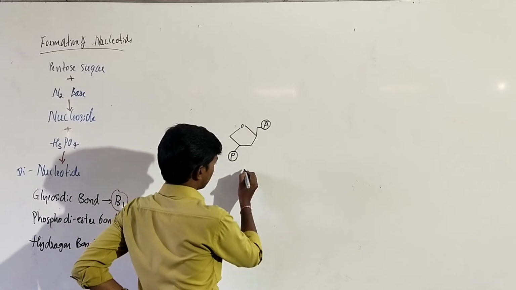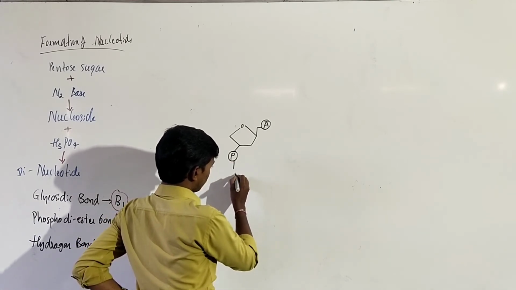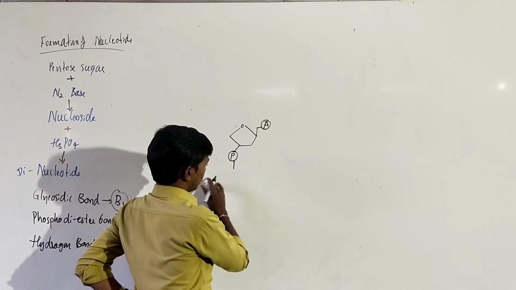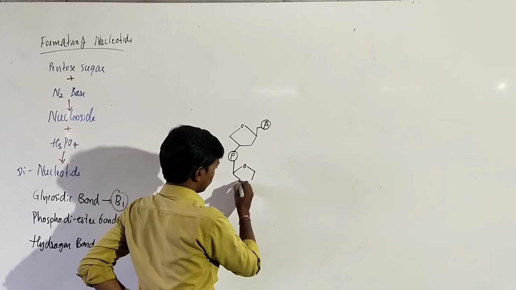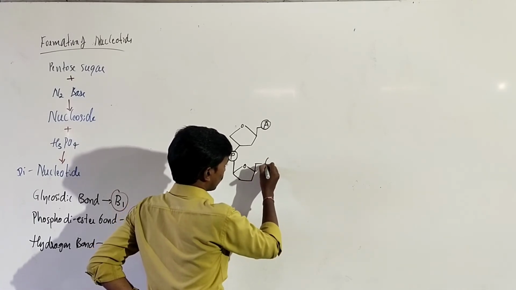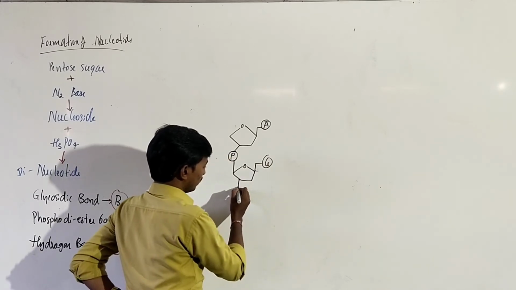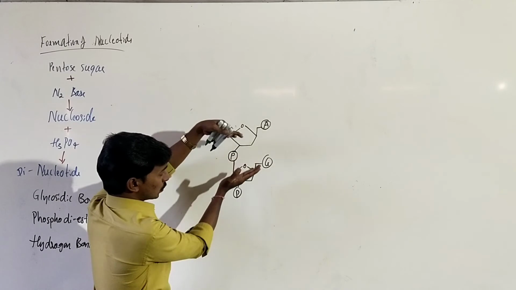Similarly, another sugar. Next, not phosphate, we have a next pentose sugar. Next we'll take a guanine. Next we'll take a phosphate. So one nucleotide, 2 nucleotide.